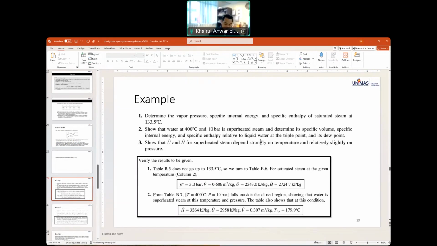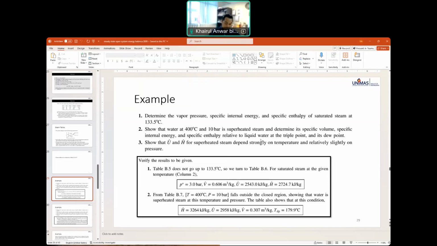So we have specific volume, specific internal energy, then enthalpy. So for the vapor pressure, it's 3 bar.